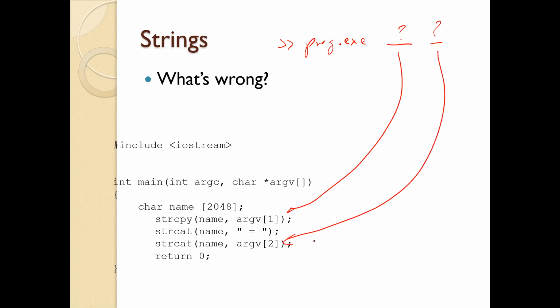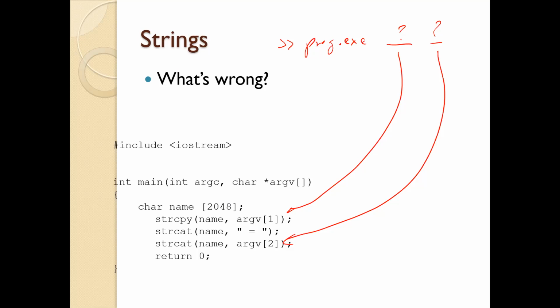So what might be the problem here? Notice you're doing a string copy and a string cat. Cat is just for concatenate. So what might be the problem here, do you think? Anyone?